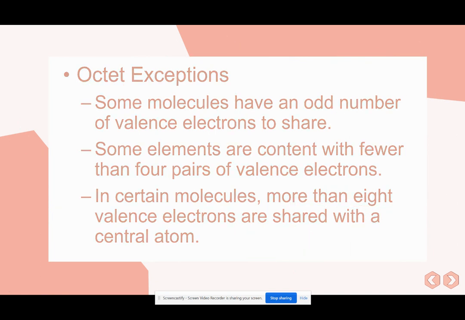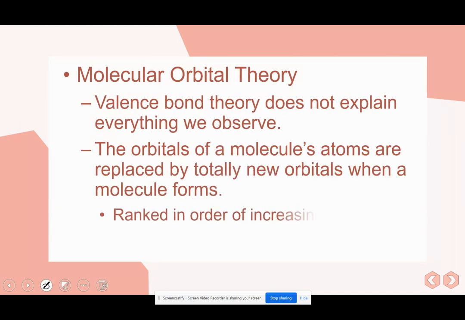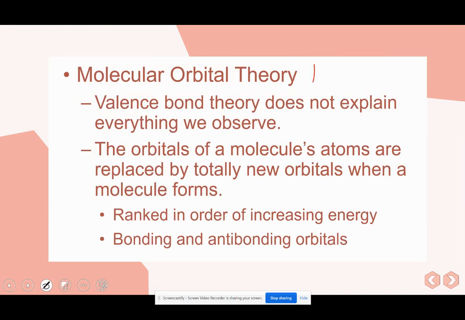All right, moving on. Molecular orbital theory. Sometimes you will see this called the MO theory, so if you see MO theory, it's molecular orbital. The reason we had to come up with this is that, like all science, theories are models. When we come up with new information, we have to adjust our current standing theories.